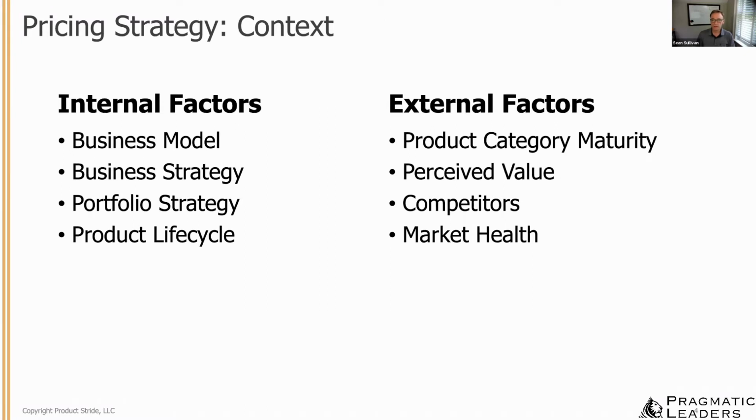So if the customers obviously have a high perceived value on the problem that they have, they may be willing to pay a premium price for it. If it's in a mature product category, you may have some other pressures on that. But the perceived value is key, because that's going to give you the ability to move up your price points if it's a higher perceived value.